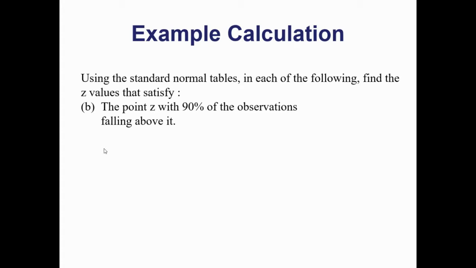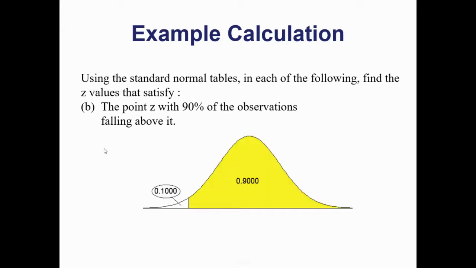Below. If 90% is above, what's below? 10%, good. So 90% is above it, 10% is below it. So I need to look for the probability of 0.1 in my table.